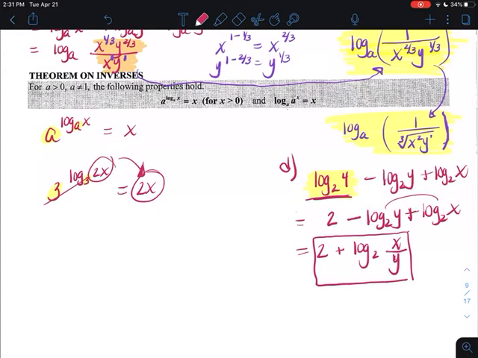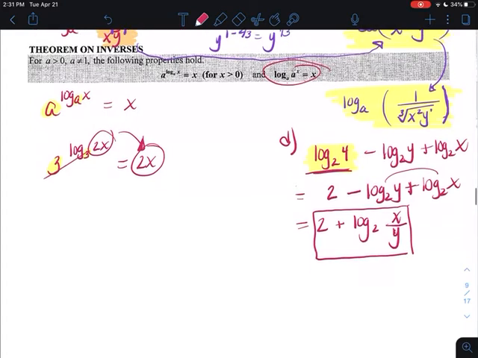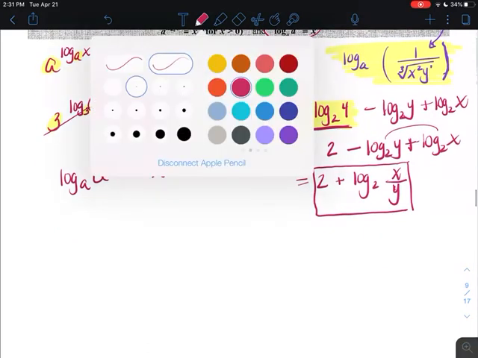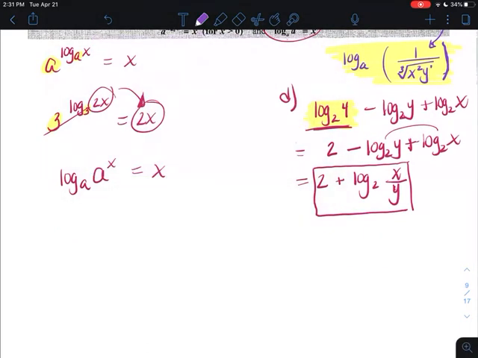Then you have log base a of a to the x equals x. All right, so let's talk about that. Let's look at an example. What if I have log base 2 of 2 to the x?